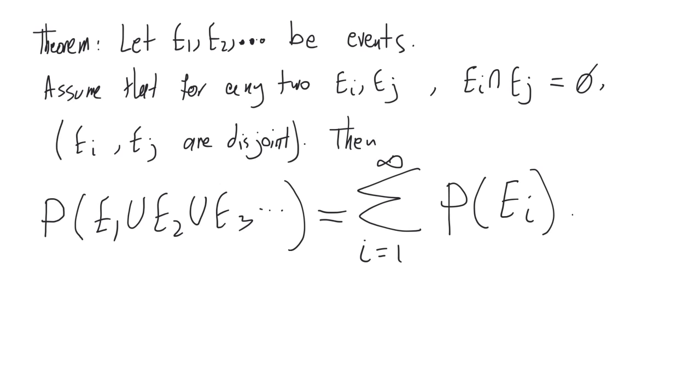Most often we are interested in this formula when there's just a finite number of these sets. The interesting case is really when there's a finite number of events, and this formula can help us a lot. And let me write now special situations.